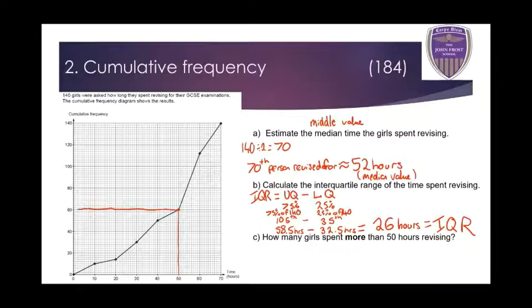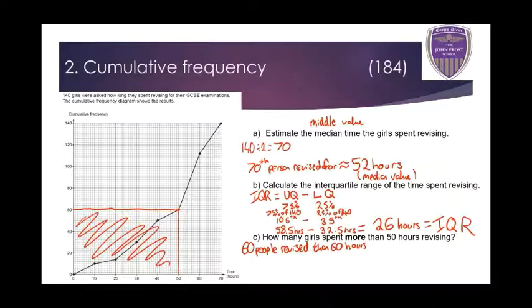Thankfully, it's quite a nice and round 60. So I know that 60 people revised less than 50 hours. Okay, I can see that because the cumulative frequency diagram says that 60 people revised less than 50 hours.